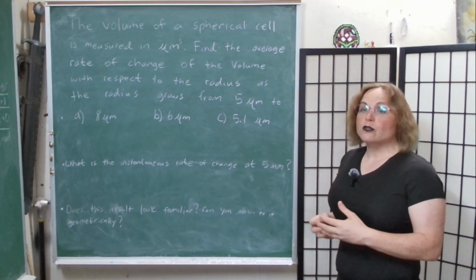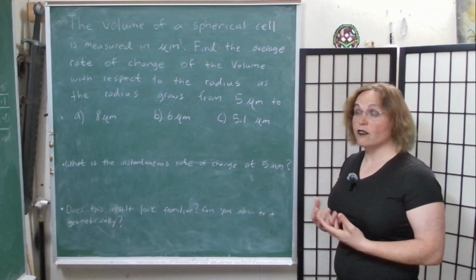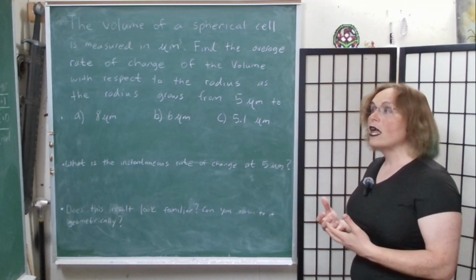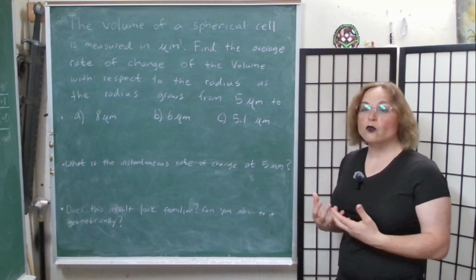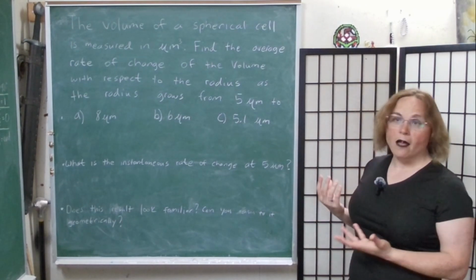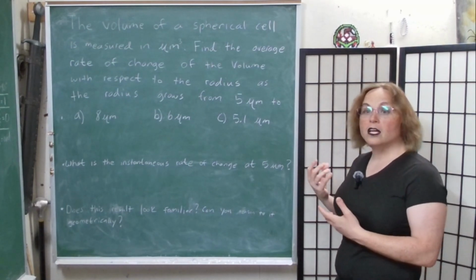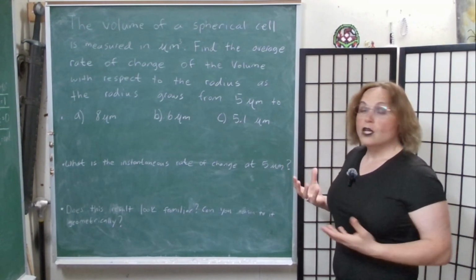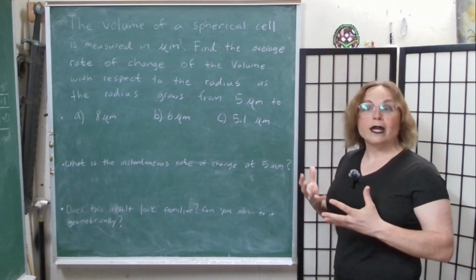Well, it turns out there's a lot of other situations where this might come up, and we might want to know when those changes are happening so that we could utilize those calculations. This example comes to us from biology, and this is a cell absorbing water, and as it absorbs water, it's growing. The cell will grow in two ways.